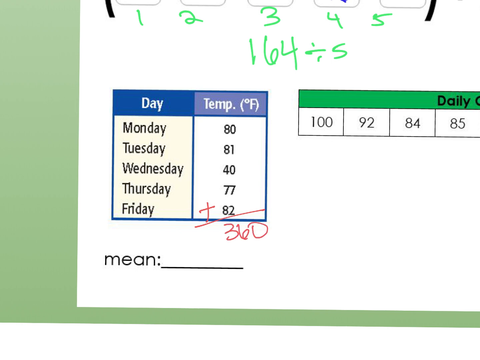Then I'm going to take that 360 and divide it by how many temperatures we had. We had 1, 2, 3, 4, 5 temperatures, which means we're going to divide by 5. So 360 divided by 5 gives me a mean of 72 degrees.